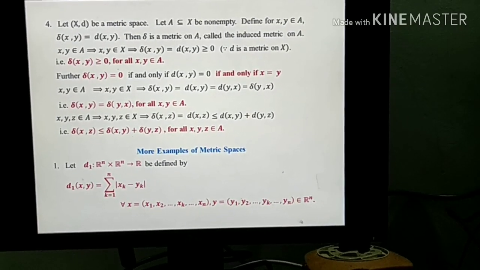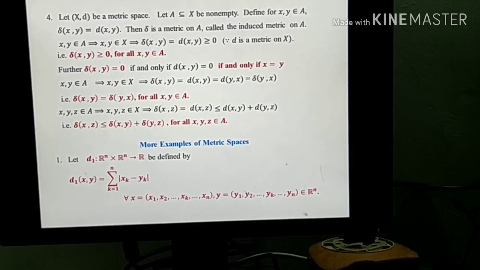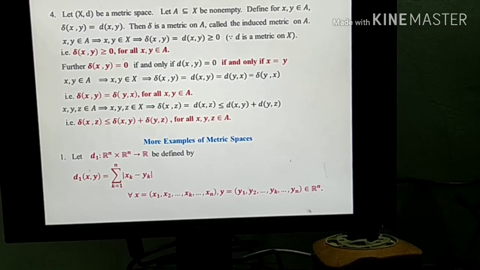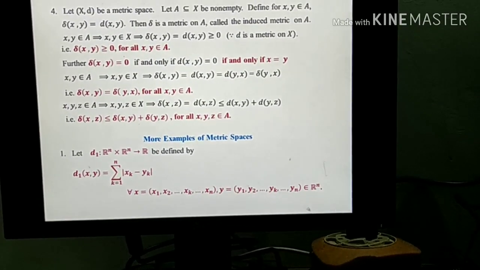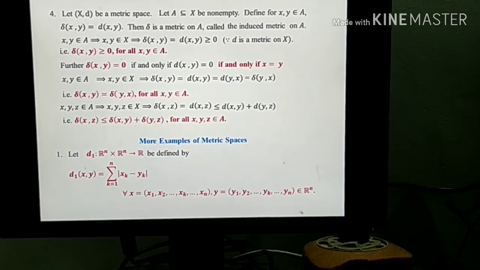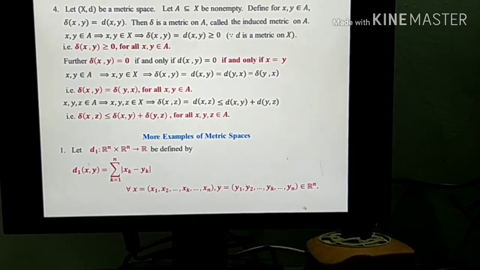Third property is very trivial. You have to just replace mod xk minus yk by mod yk minus xk, and we will get d1 xy is equal to d1 yx for all x, y belongs to Rn.